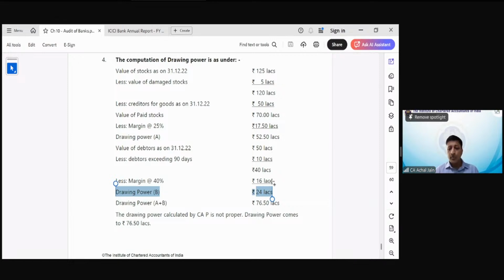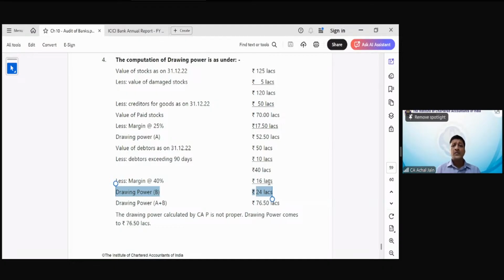So what should you do? Add both these amounts, 52.5 lakhs and 24 lakhs. Therefore, what do you get? 76.5 lakhs. So that should be the amount of DP, the amount of drawing power.